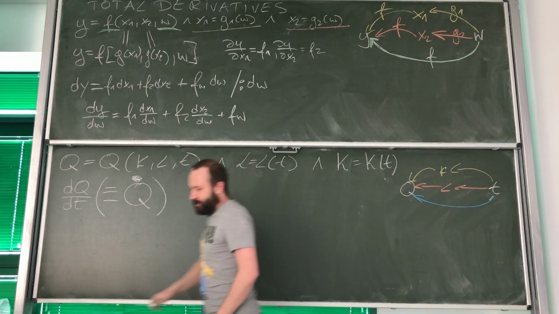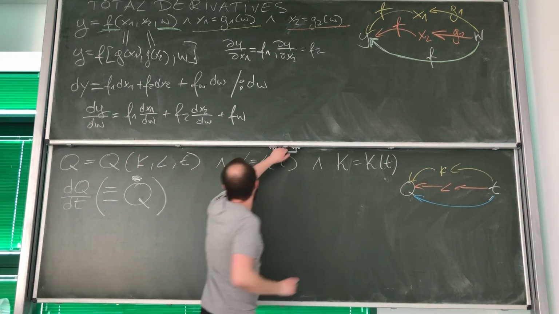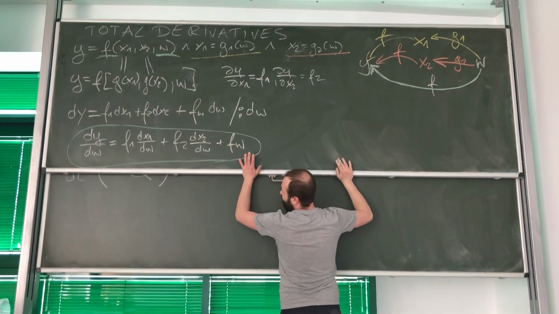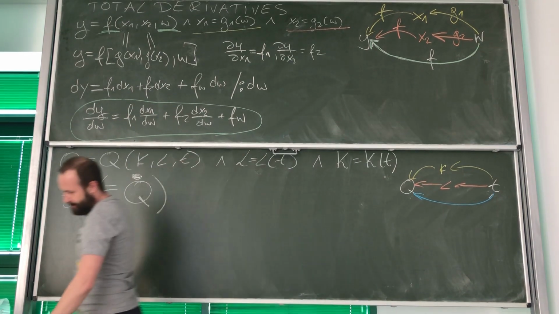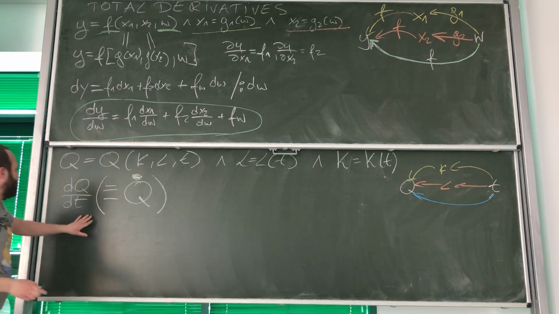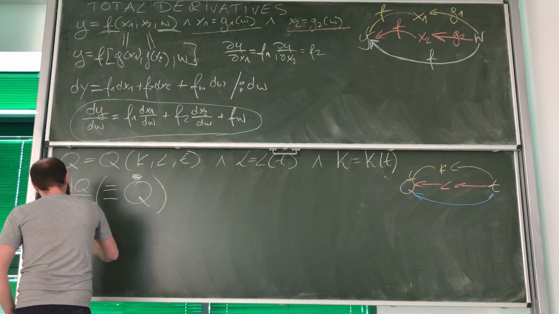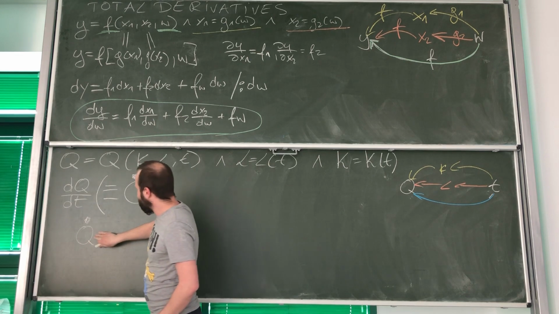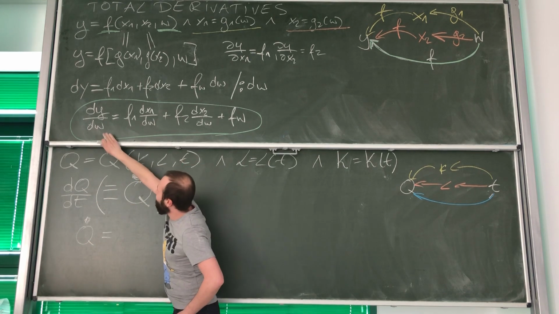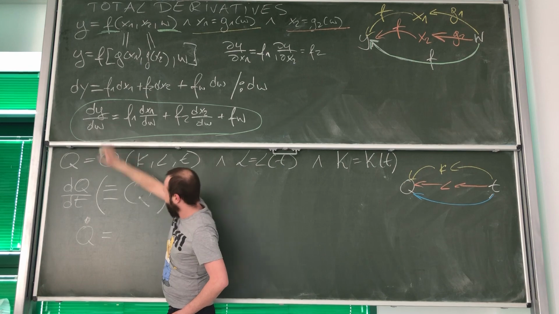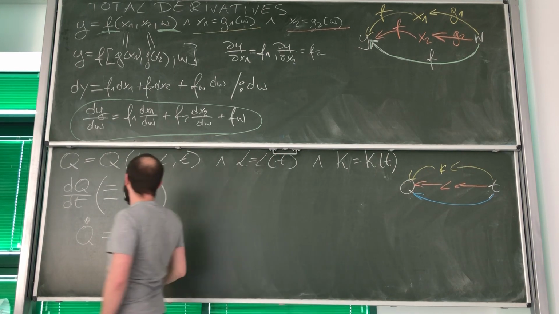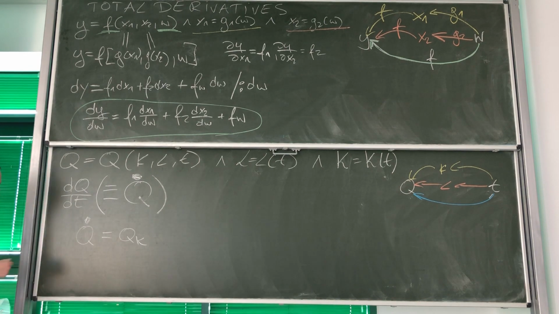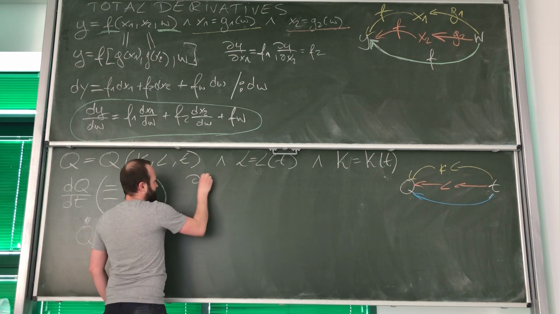So we're going to be using this one, right? So first, we need to get the derivative of Q. Remember, this is dQ/dt. So we already have this thing. Those are in the same form. So we need to get the partial derivative of Q with respect to capital, right?